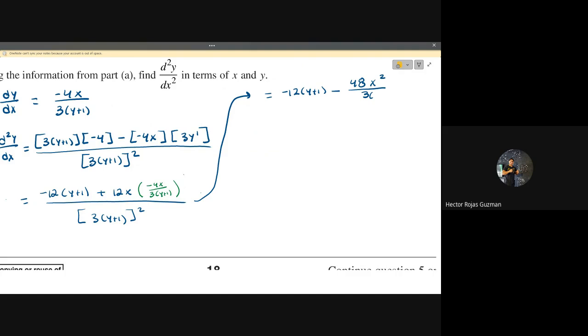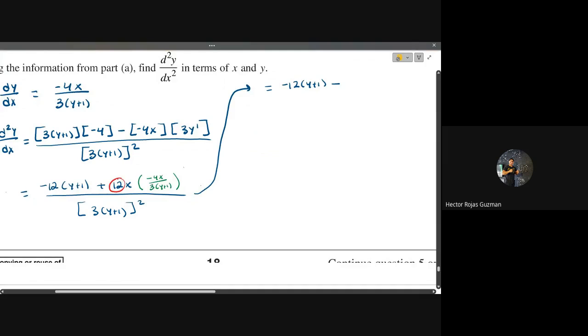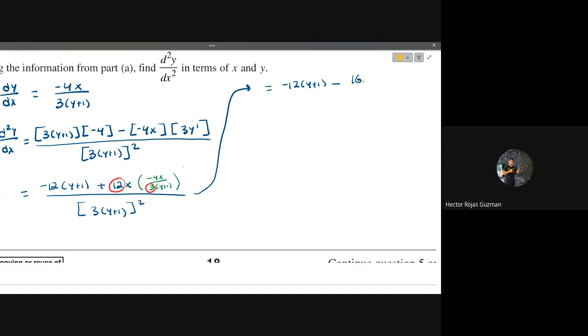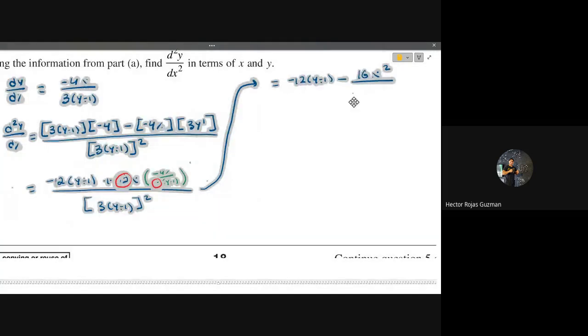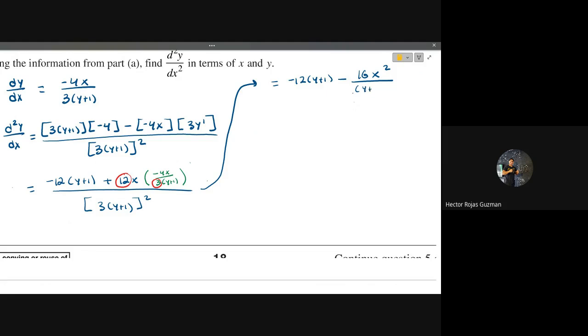Oh, you know what? Let's reduce. This 12 can be divided by 3. That's going to give us 4. And then 4 times 4 is 16. So 16x squared divided by y plus 1. All over the bottom squared.